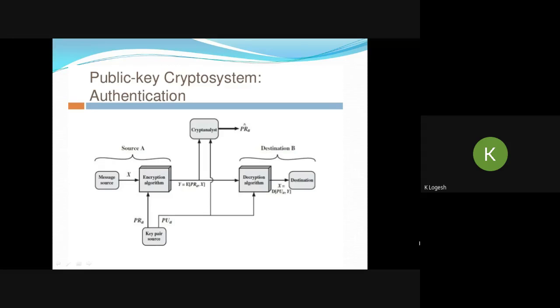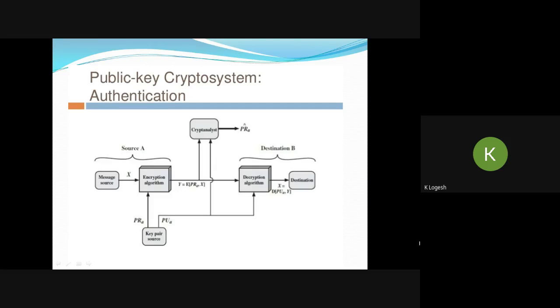Since it is a public key, it is available in a common register or in the key distribution center, so B can access A's public key and decrypt the message. So the equation is X equals D of PU of A, A's public key, and Y is applied. Then the message is decrypted. The regular plain text message will be received at the destination end.